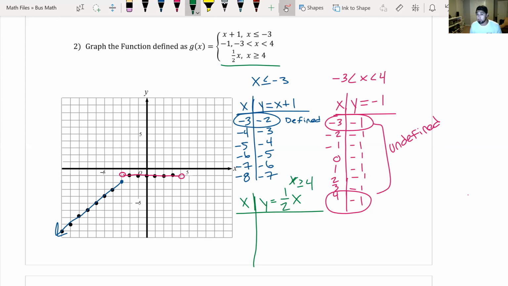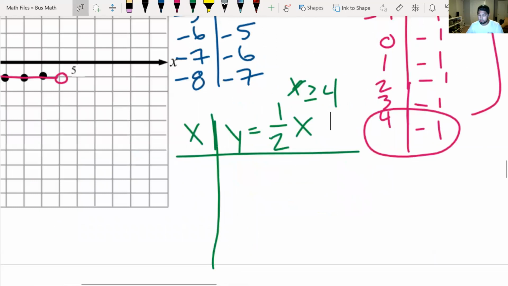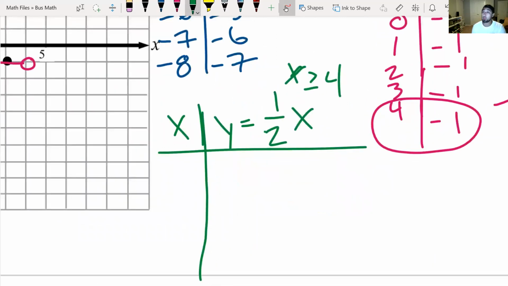We have to choose numbers greater than or equal to 4. And once again, you have a fraction. We don't want to graph fractions. So we are going to choose multiples of 2 to get rid of this denominator.